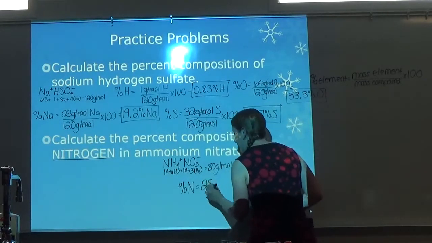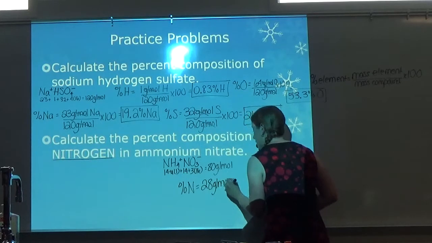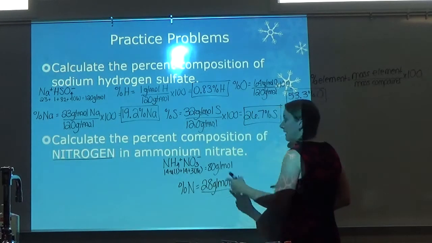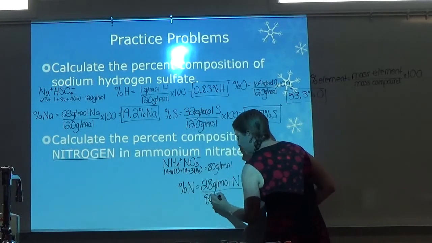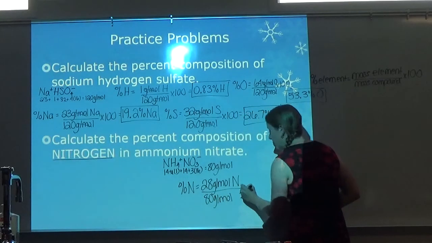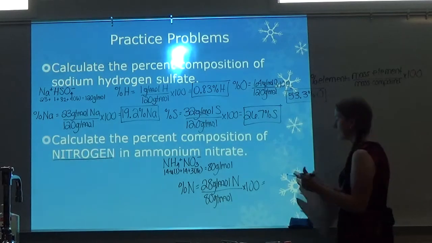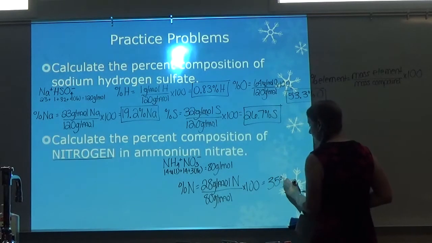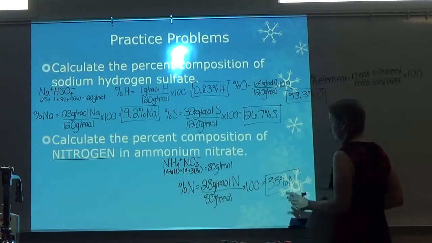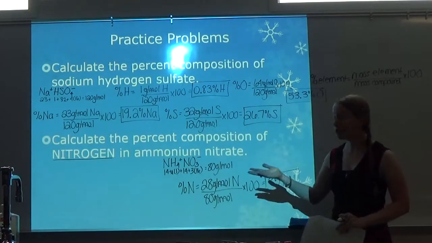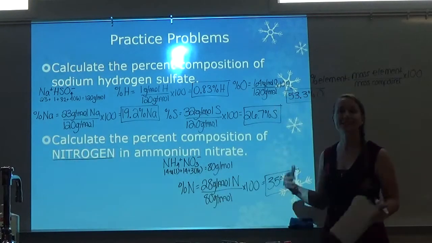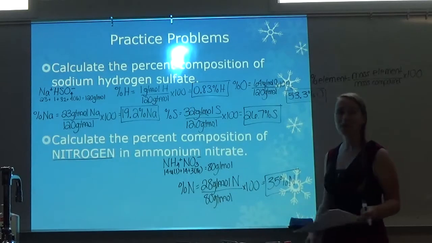So I have 28 grams per mole for nitrogen, and then my whole compound is 80. Then I multiply by 100 to get a percentage. My grams per mole cancel, and once I solve, I get about 35% nitrogen. So on this one, I didn't need to waste time going back and doing hydrogen or oxygen because it just asked for nitrogen. That was convenient.